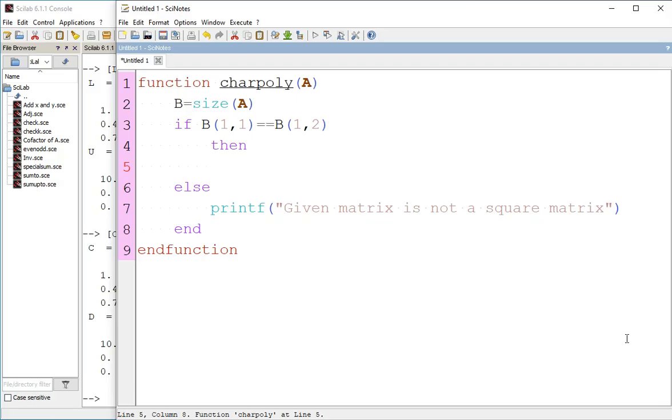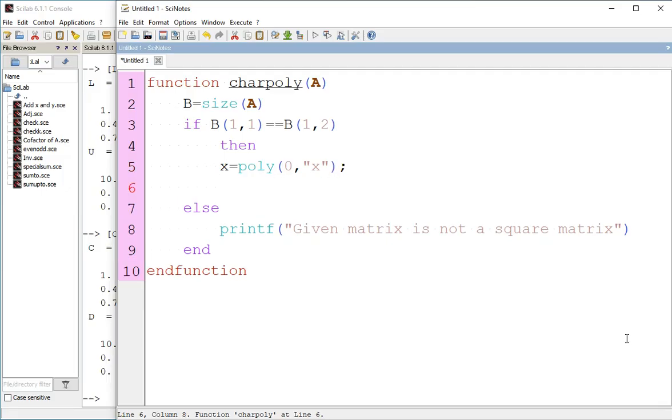So that something I am writing is, first of all, it will store some variable, that is x. For that, you know the command, it is poly(0, 'x'). So right now that x is stored as one variable, and in the output also it will display x. If you replace this x by something else, it will be replaced by that variable.